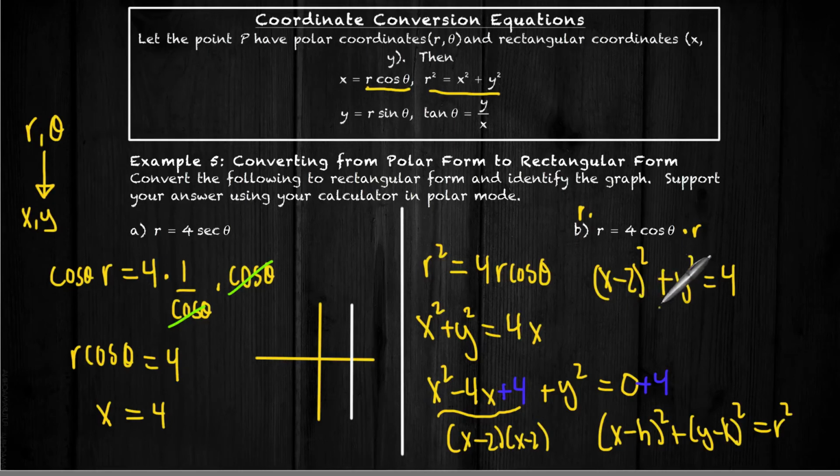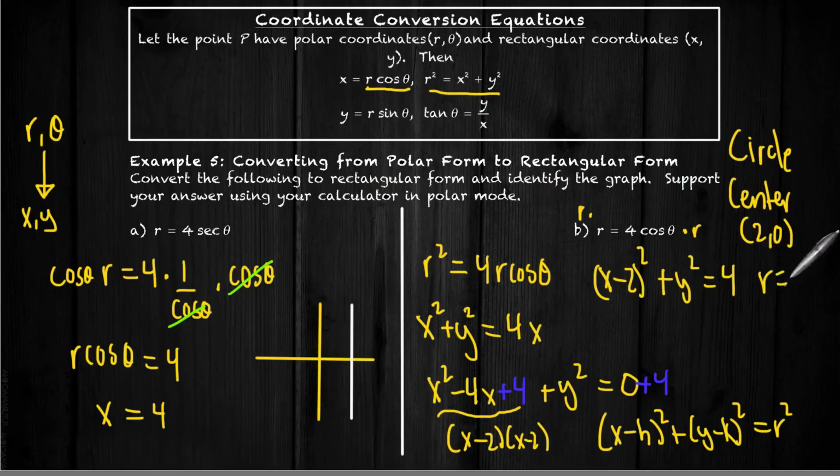So now we can identify what the center is. This is going to be a circle with a center of 2, 0, and a radius of 2, because this is r squared and r squared is 4.